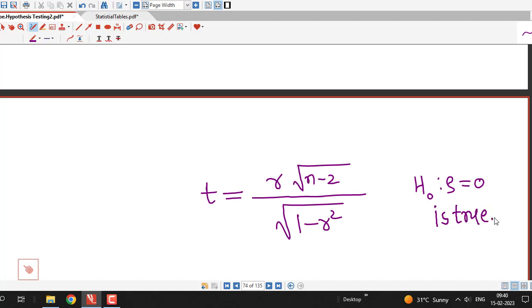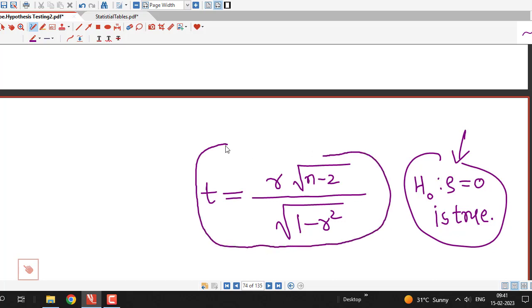We assume that the null hypothesis is correct and we are testing this null hypothesis using this statistic formula, and this follows t distribution with n minus 2 degrees of freedom at the given level of significance.